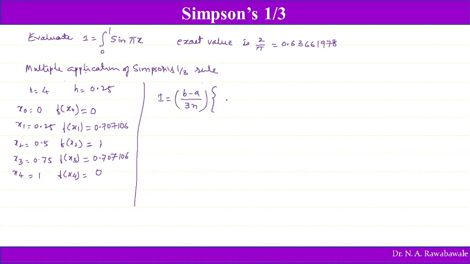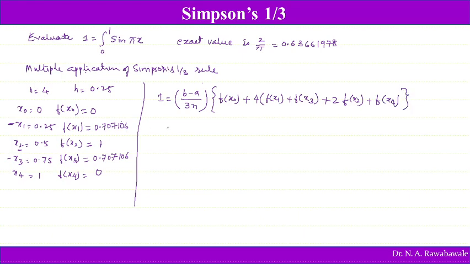In brackets we write f of x naught plus 4 times f of x1 plus f of x3, since 1 and 3 are odd terms, plus 2 times f of the even terms. The even term is only x2, so f of x2, plus f of xn, that is f of x4, the last term.